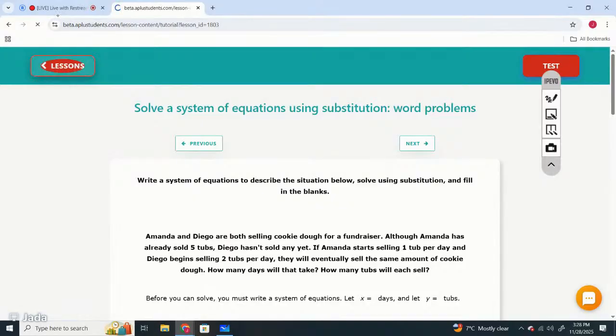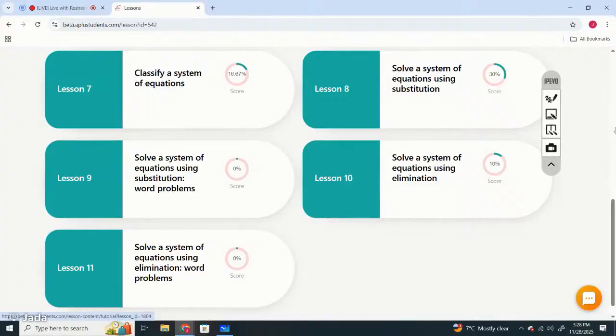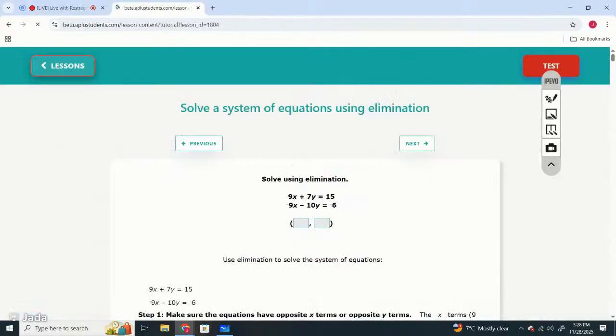The next lesson is solve a system of equations using elimination.